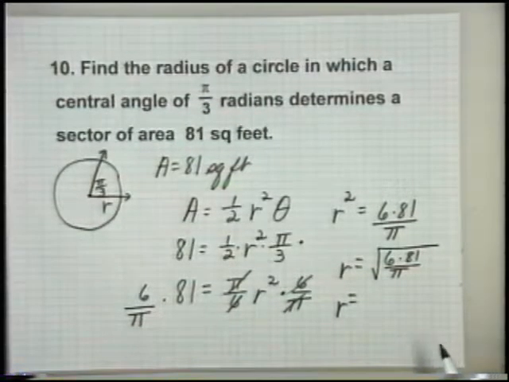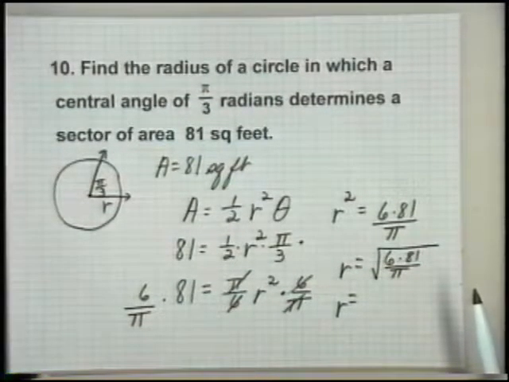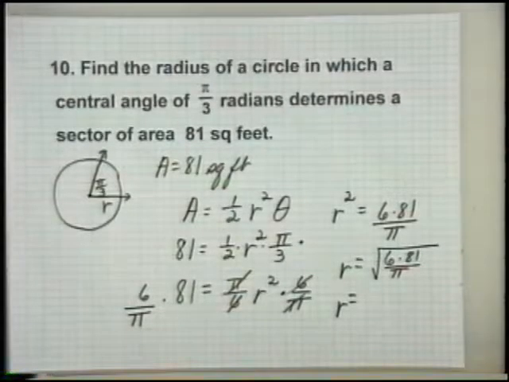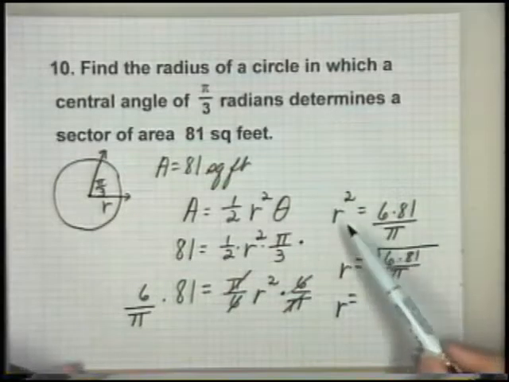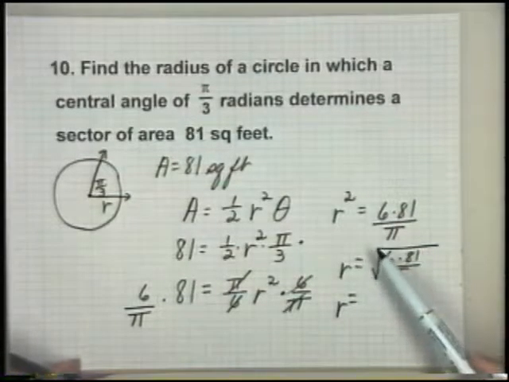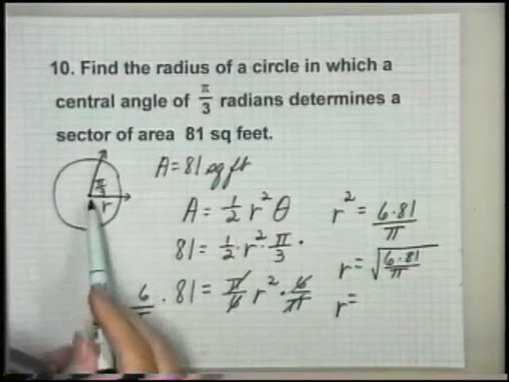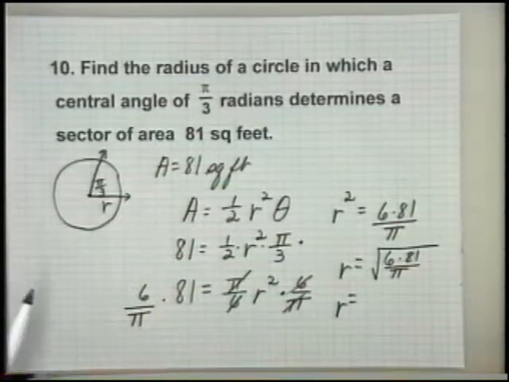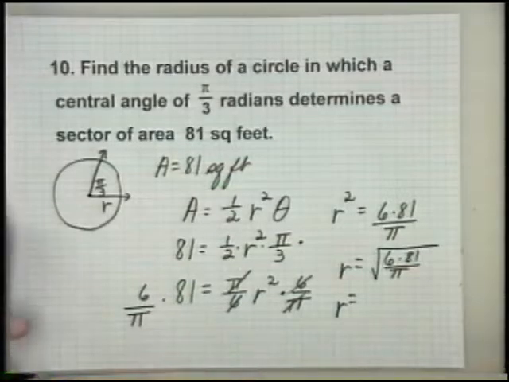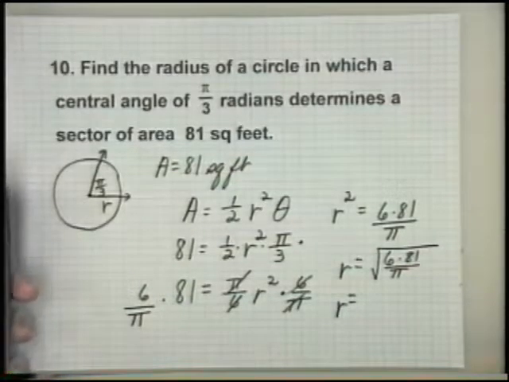And I'm just going to calculate that value. Remember, when you extract roots, you really get R equals plus or minus, but since R refers to the radius of a circle, it can't be negative, so we only have to worry about R equals square root of 6 times 81 over pi.